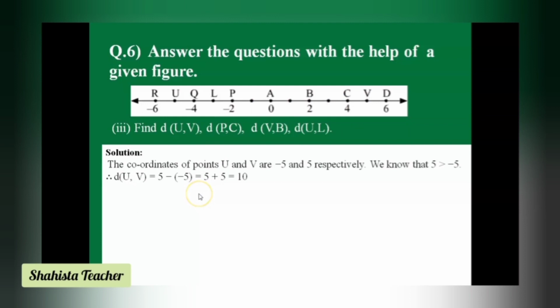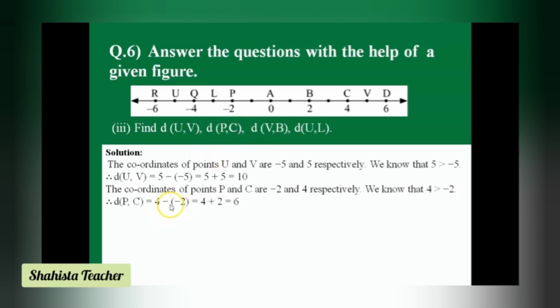So the distance of P to C is 4 minus minus 2. Again these two signs get multiplied, so minus into minus is plus. So 4 plus 2 is 6. Is that clear?